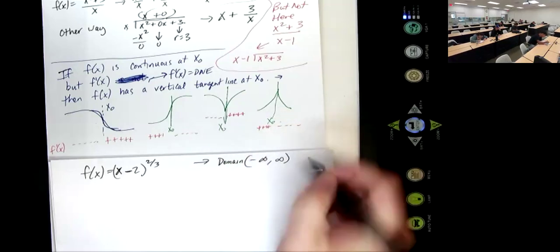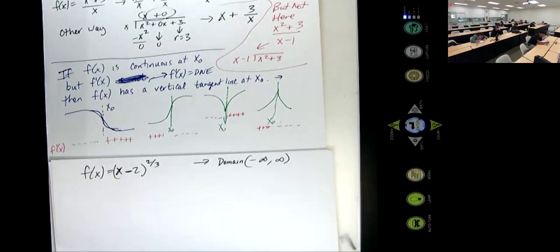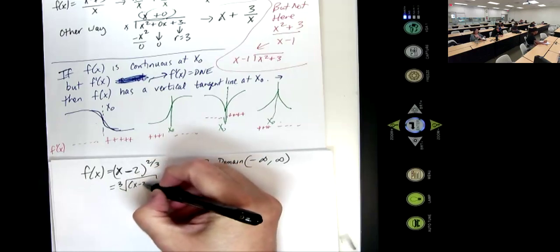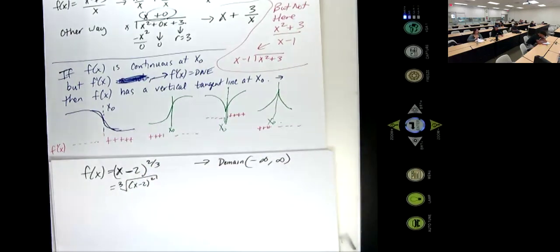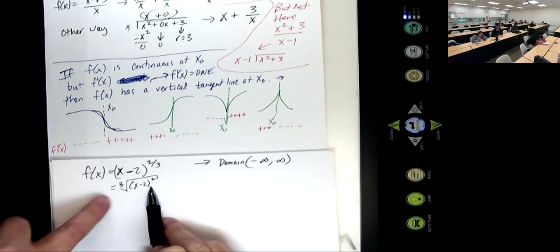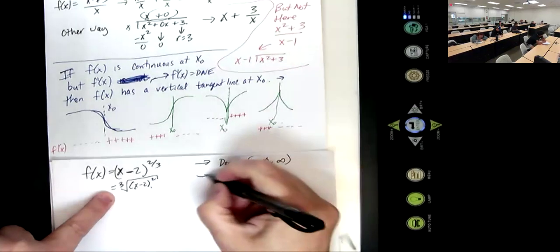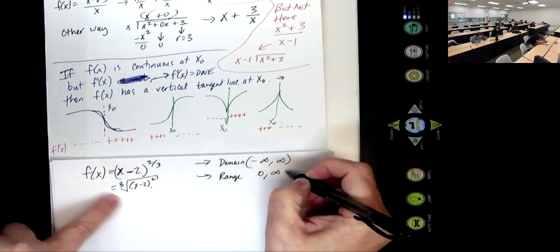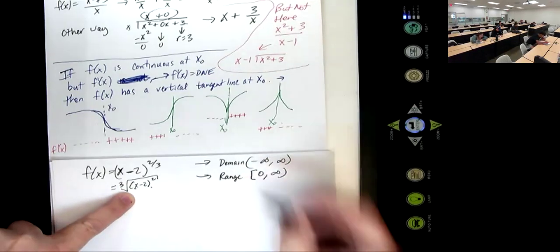We don't have any domain violations. This is also like saying the cube root of x minus 2 squared. The reason I say that is the inside gets squared and becomes positive no matter what x we use, and then taking the cube root of a positive number is always positive. The range is going to be 0 to infinity. And if I stick in 2, I actually have 0.